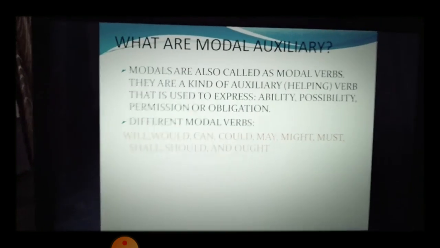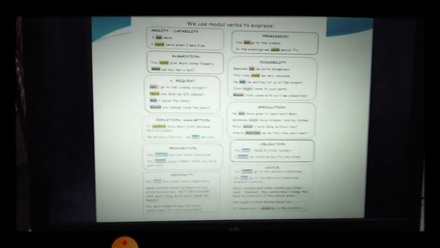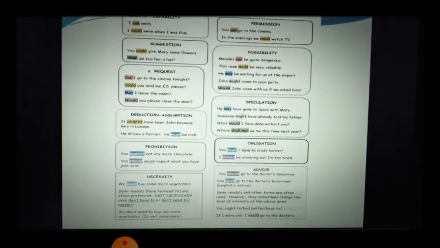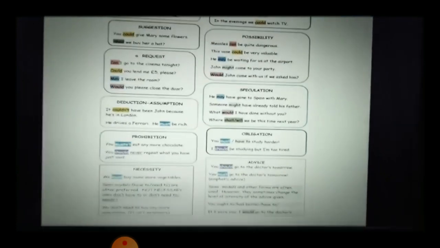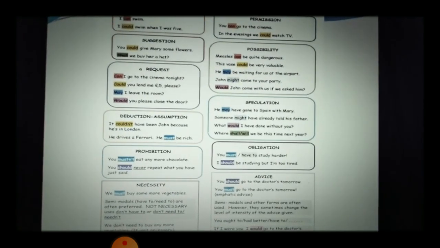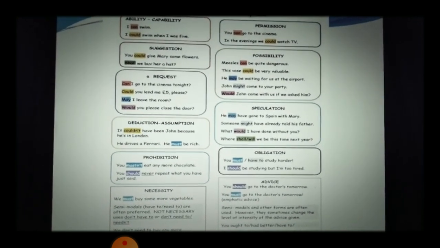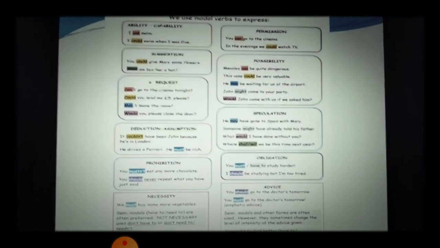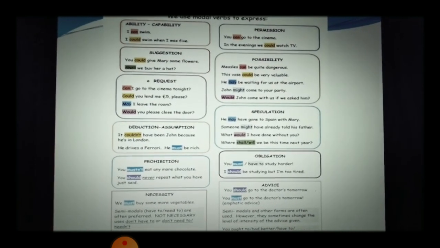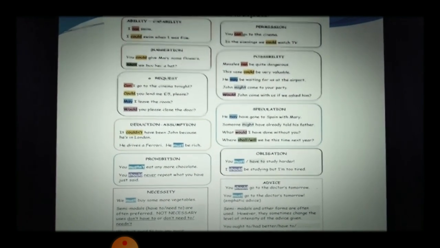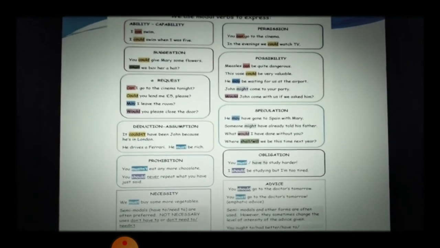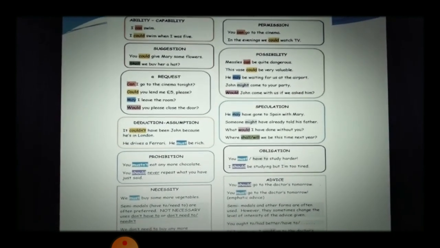So there is a chart for you to be more clear with the uses of modal verbs. In this chart, you can see where we are using the different modal verbs. In order to express ability, we use can or could. To express permission, again we can use can or could.